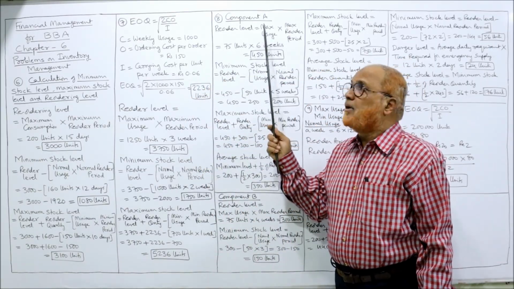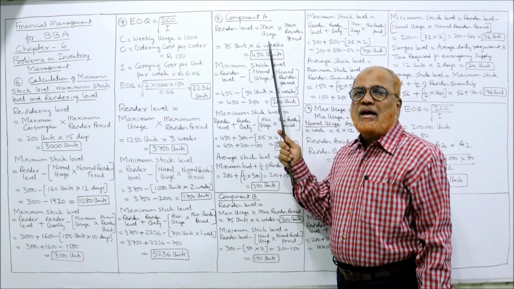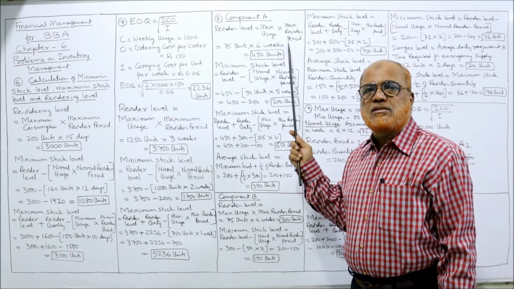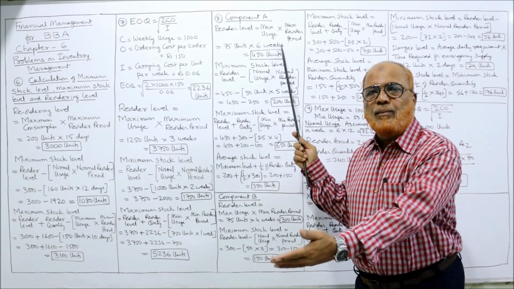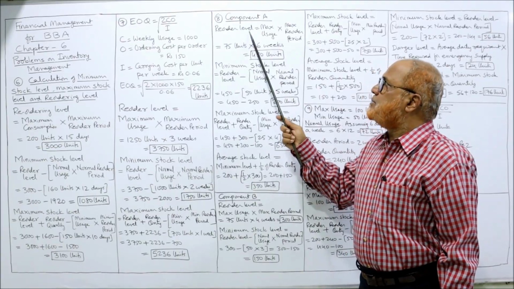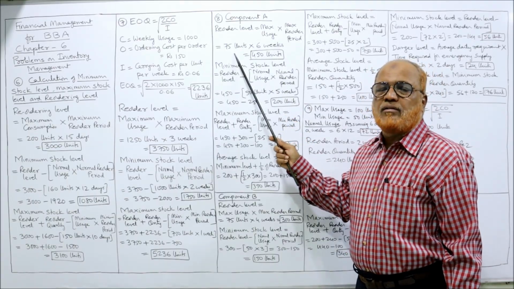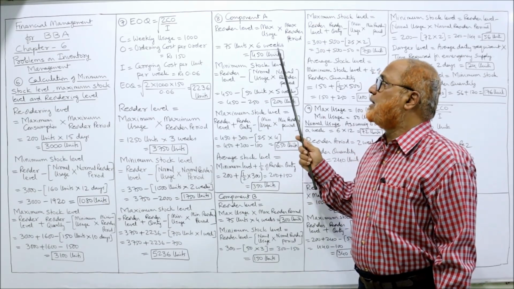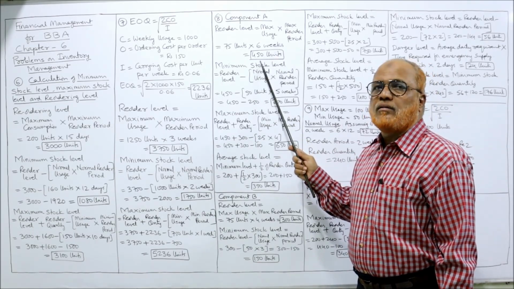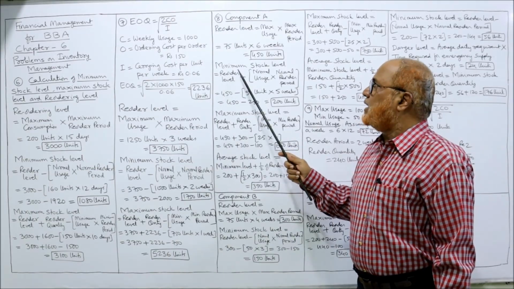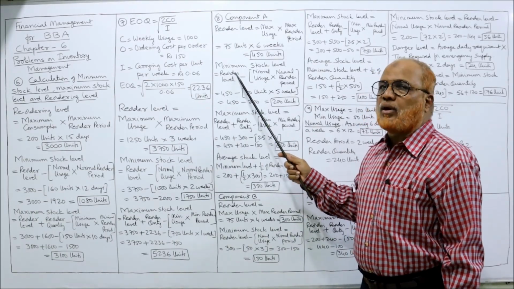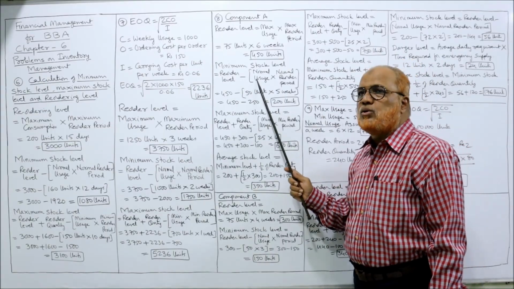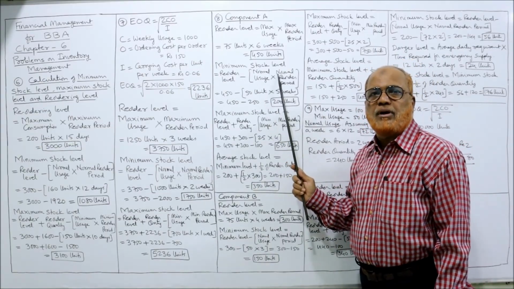Component A. Reorder level is equal to maximum usage into maximum reorder period. Information is given in the problem. Maximum usage is 75 units and maximum reorder period for A component is 6 weeks, so 450 units. Now minimum stock level is equal to reorder level minus normal usage into normal reorder period.